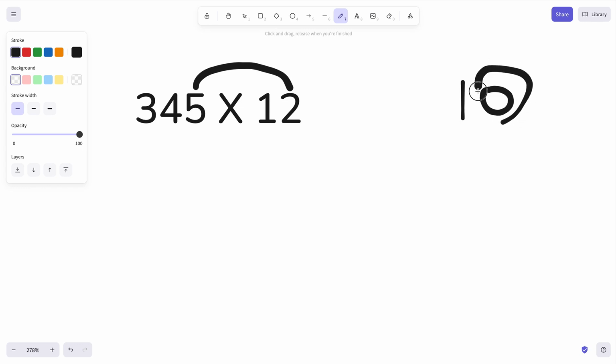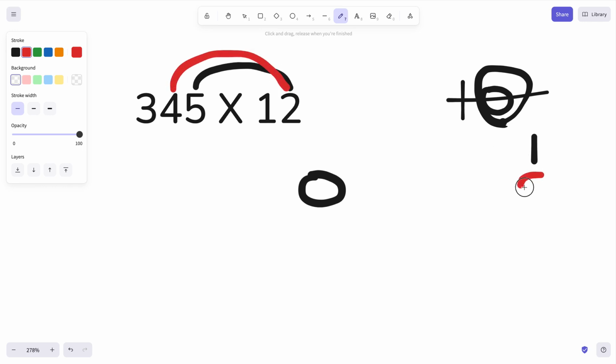Now we will only write the units place in the answer. And what happens to the 1? As usual, the 1 stays. Now we will move to the next number, which is 4. 4 twos are 8.